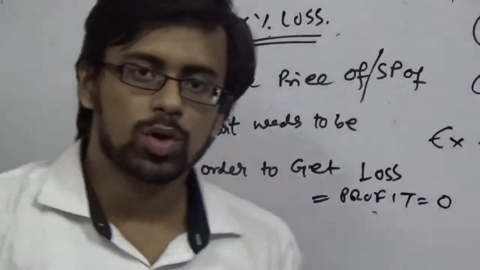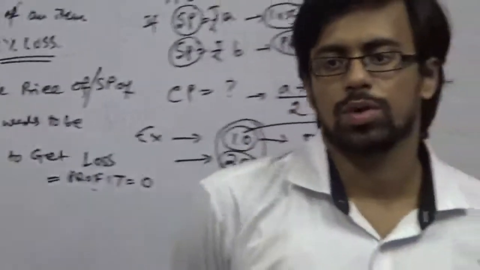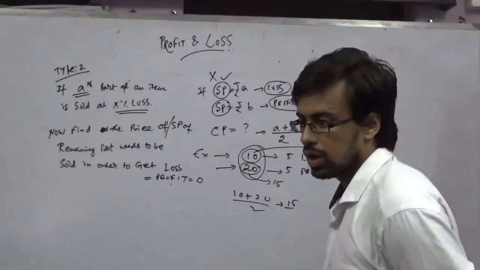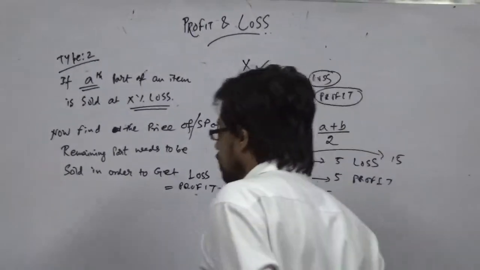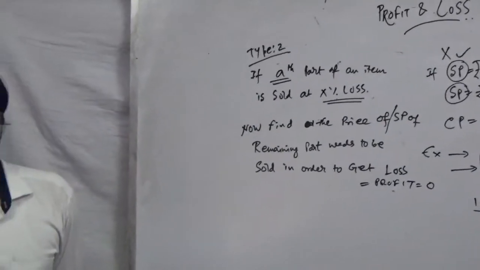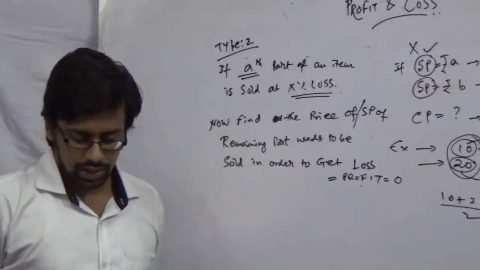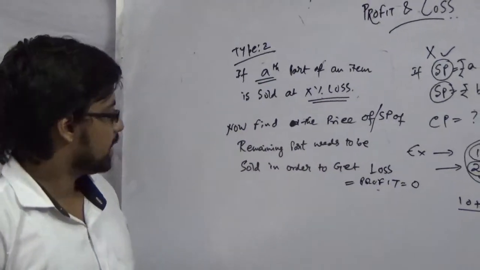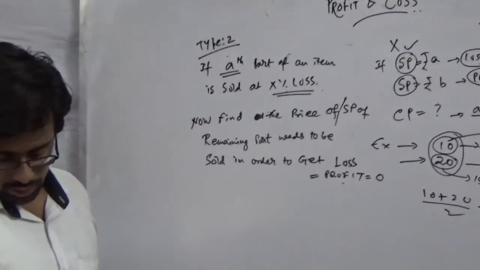So it may be possible that you have sold half of the part at a loss. Now the remaining part you don't want to sell at a loss. Rather you don't want to make any profit also. You are okay with a no profit, no loss situation. So in that case, how can you proceed? How can you find this value?